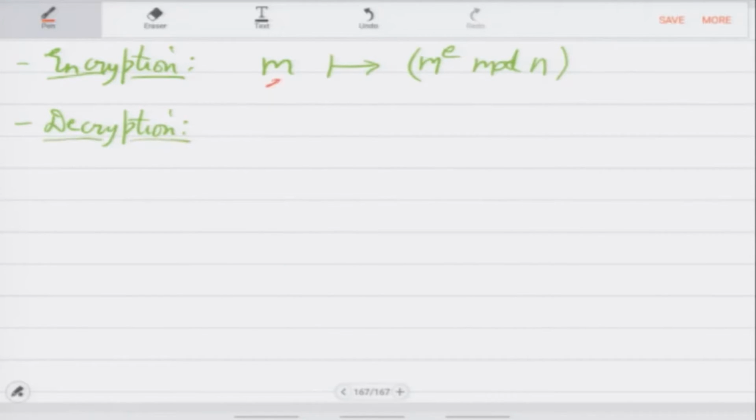So this is called plain text or the message. This is the ciphertext.